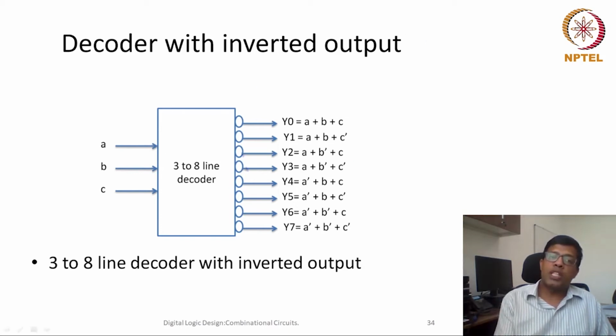Here we see that in this particular decoder, most of the outputs would remain 1 most of the time. For example, if A, B, C is 0 0 0, then only this one will be 0, all others will remain 1. So if the circuit scenario is such that an input or output level of 1 consumes less power or less delay, then it is good to have this inverted output.